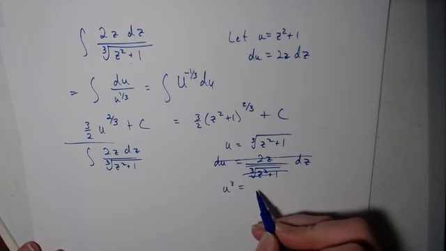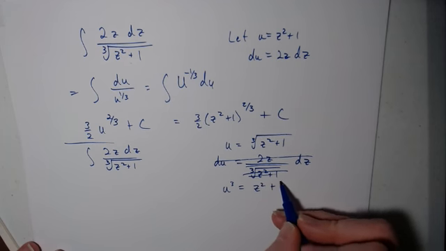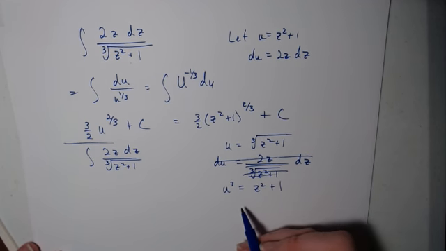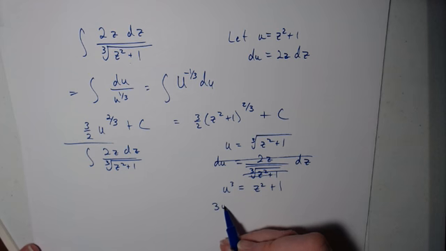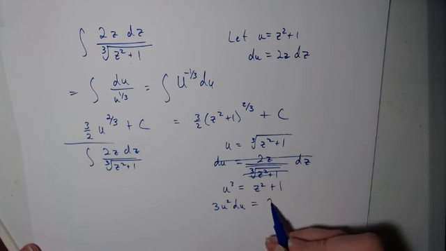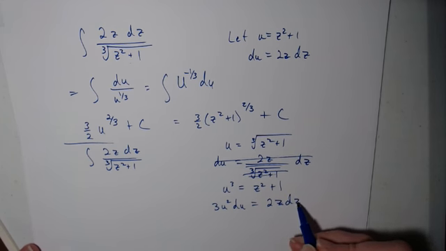Instead, we can say u cubed equals z squared plus 1, which means that 3u squared du equals 2z dz.